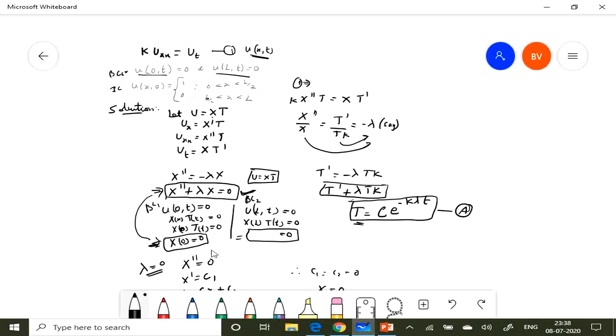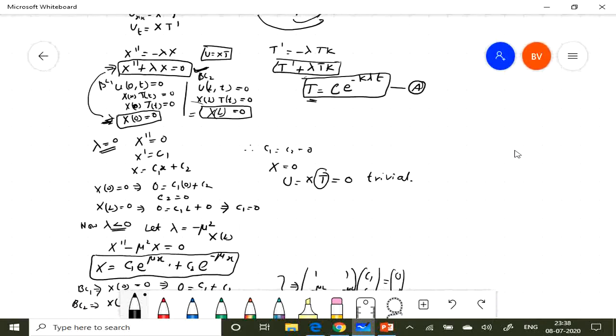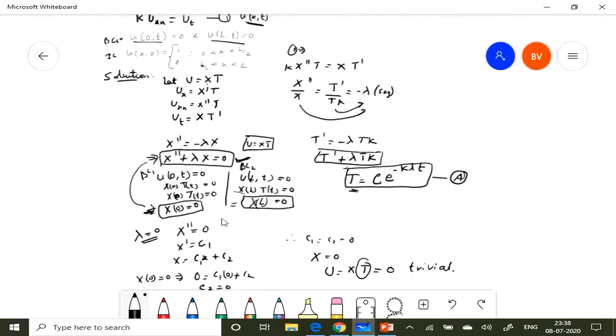From the boundary conditions we are finding the boundary conditions for x, so this one is x of 0 is 0, x of L is 0. Okay, fine.